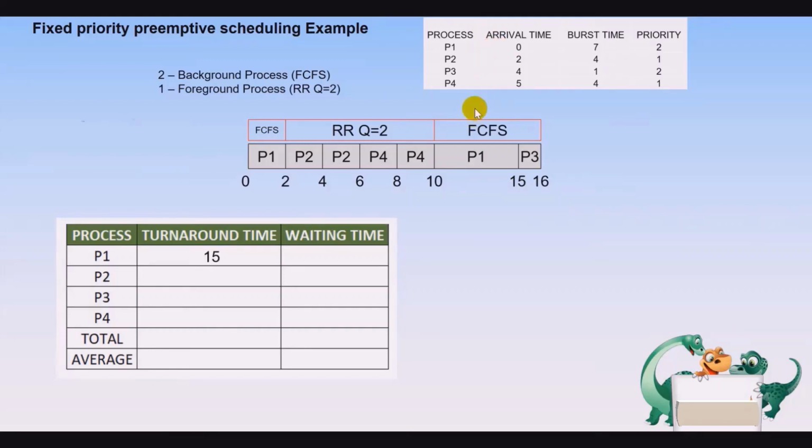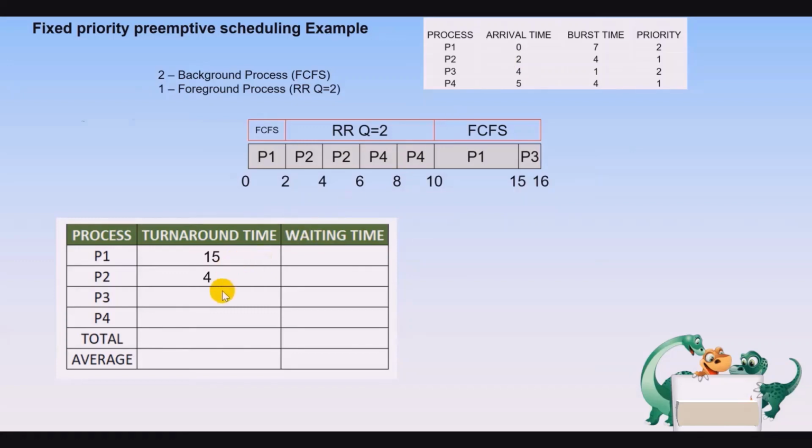So that is 15. Next, process 2 turnaround time. Process 2 completed its execution at 6 milliseconds, but it arrived 2 milliseconds late, so 6 minus 2 results in 4.